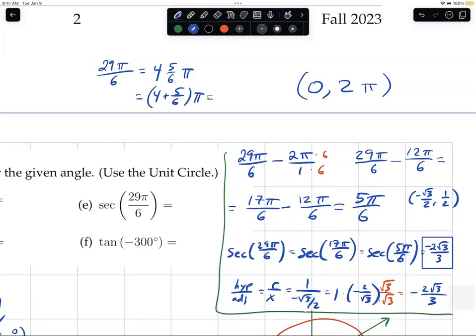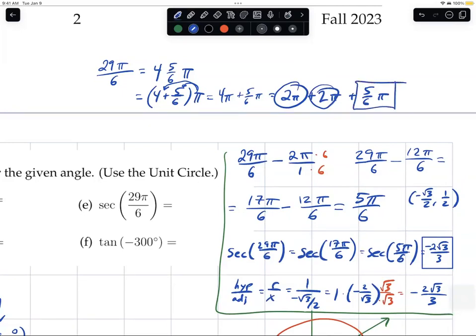If I distribute the pi, 4 pi plus 5 over 6 pi can be thought of as 2 pi plus 2 pi plus 5/6 pi. And these really can be ignored because they're full rotations. So the angle that we're really considering, or the coterminal angle, is 5/6 pi. So that's another way to get to it.